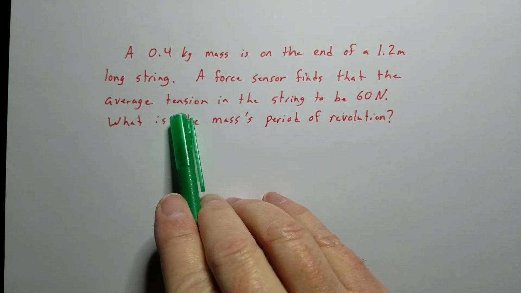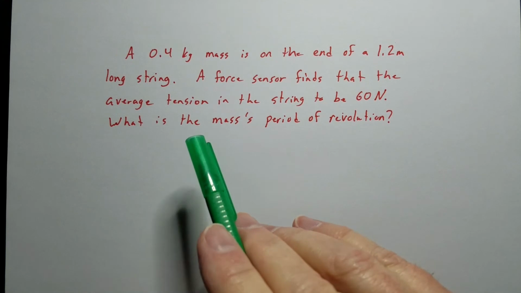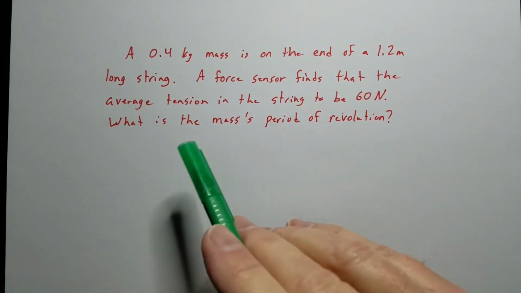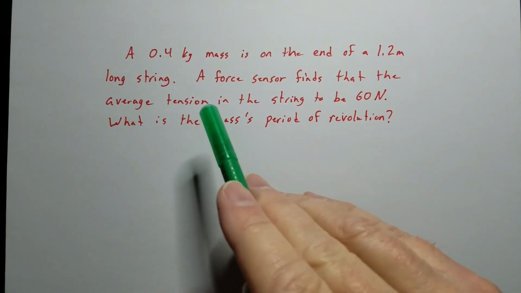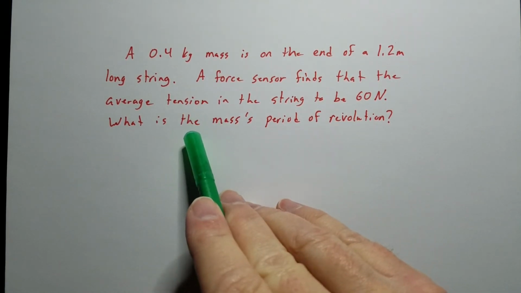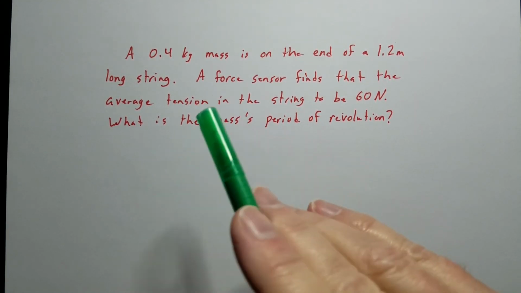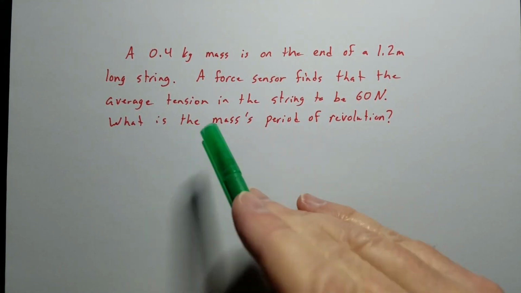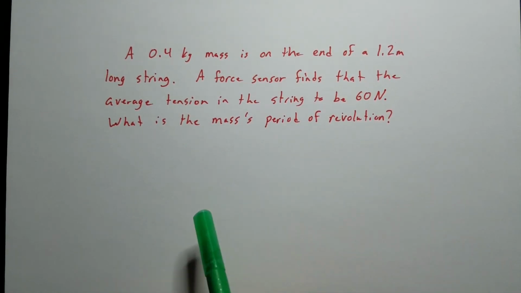In this case, it's tension. Whatever force is making something go around in a circle, we name that force centripetal force. It may actually be a tension, friction, the force due to gravity. It could be any of those things, but if it makes something go around in a circle, we can name it a centripetal force. And we want to know the period of revolution for this object.